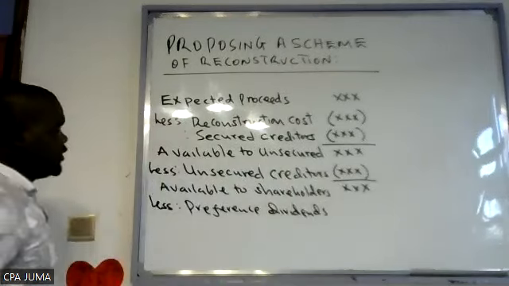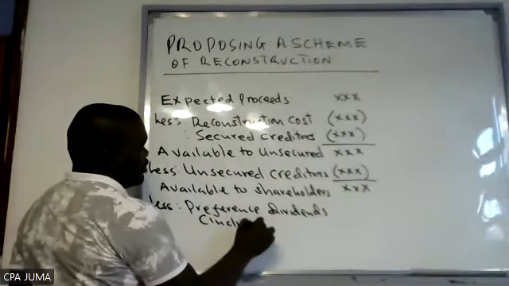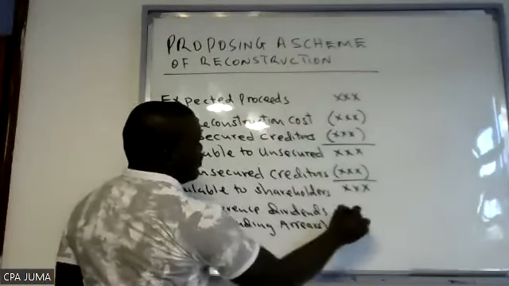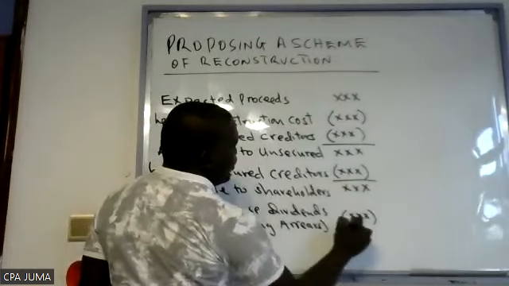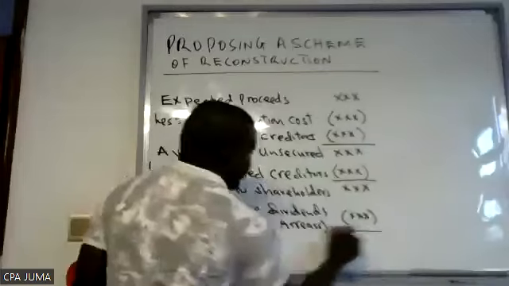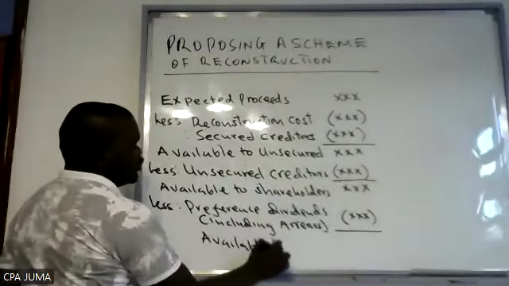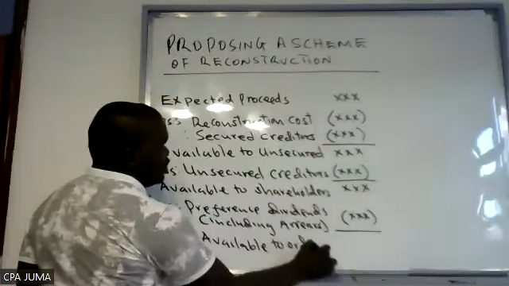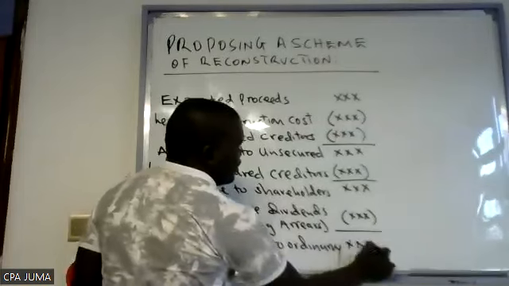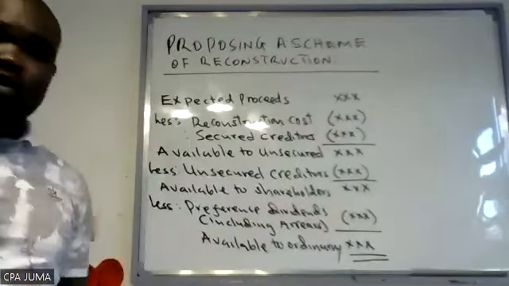You less preference dividends, including arrears. Then what remains is available to ordinary shareholders. So that is the step 2.